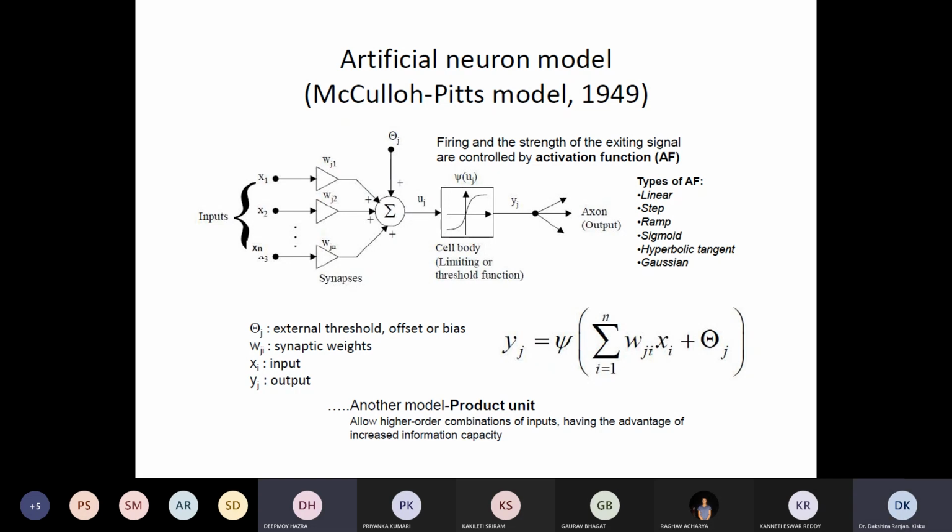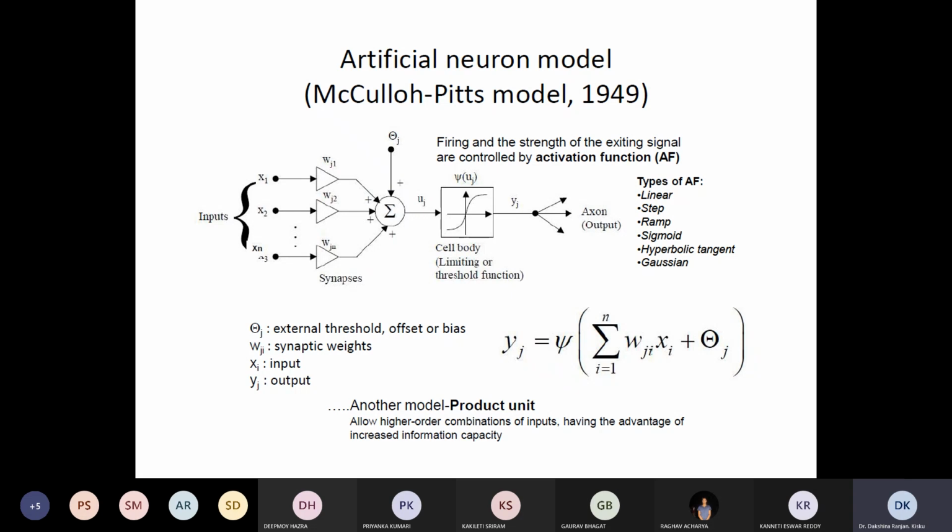Have you observed that? Yes, sir. Whenever you see a mathematical model built on an artificial neural network, you can see this kind of equation, which is similar to the formulation of a straight line equation.